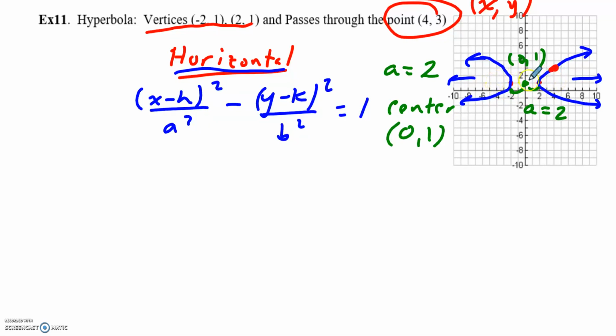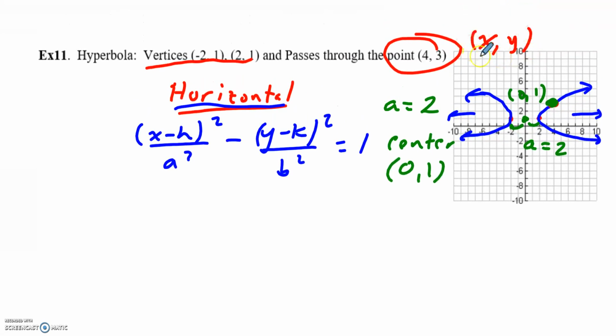Now I don't know what my foci are, unfortunately, so that means I do not know the distance of c. And if I do not know the distance of c, I can't use the Pythagorean theorem to find b. So we're going to have to solve this one a little bit differently to find b. There is a reason that the problem gave you 4, 3.